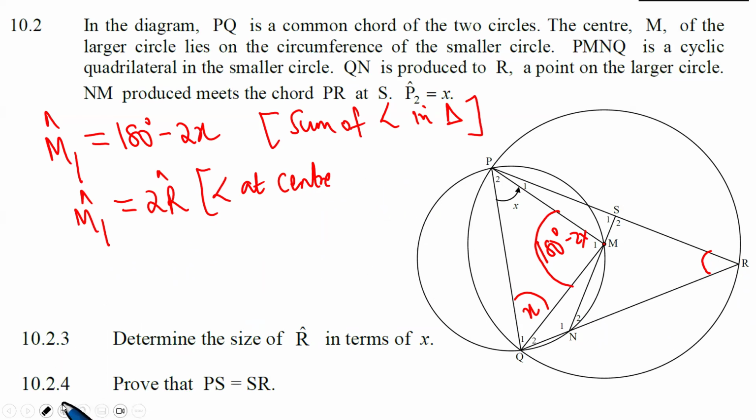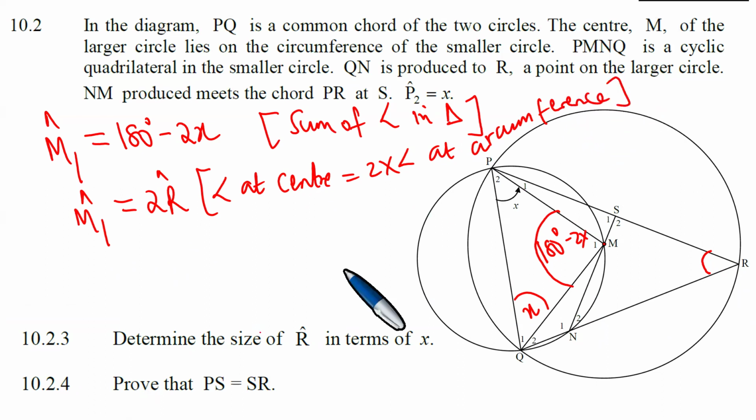Angle at center equals 2 times angle at circumference. So the angle M1, we already know, is 180 degrees minus 2x, which is equal to 2 times angle R by substitution.